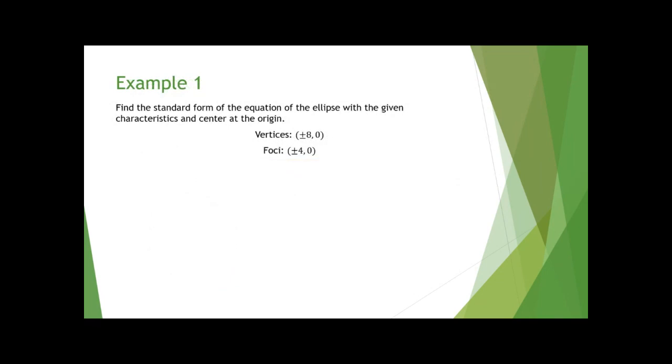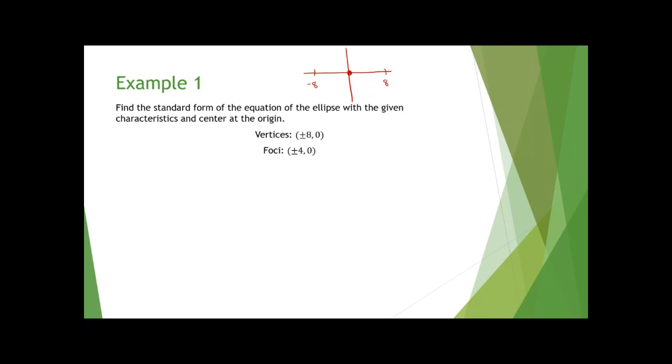Okay, so now let's actually do some examples. Example 1: find the standard form of the equation of the ellipse with the given characteristics and center at the origin. I like to draw a picture so that I have an idea of what's going on here. My center is at the origin, and my vertices are at plus and minus 8.